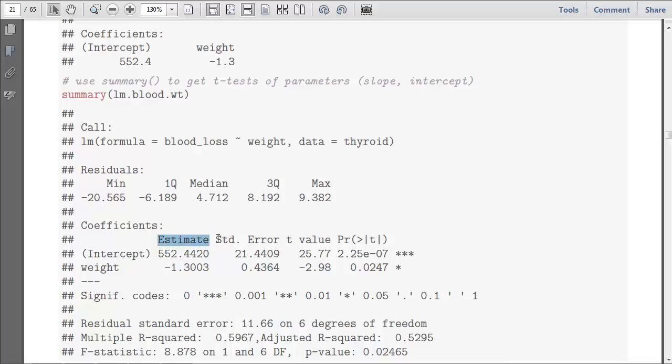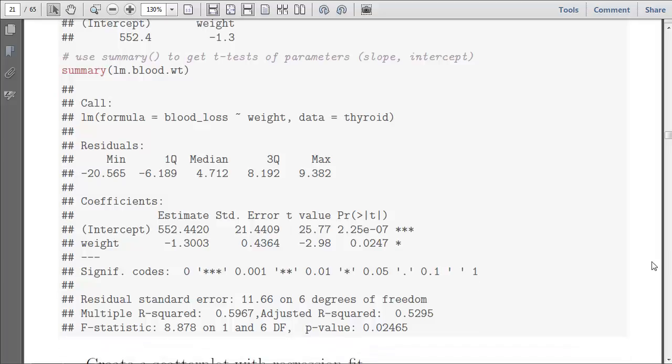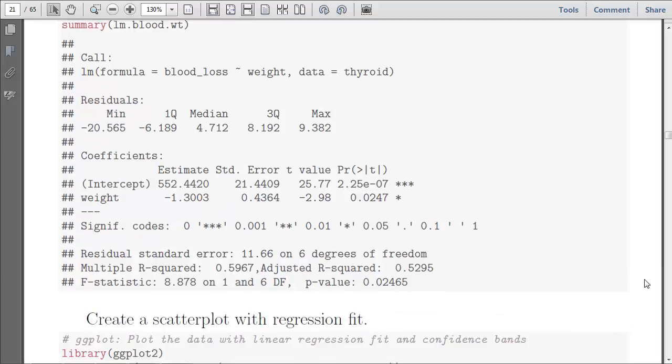And then to the right, we have other quantities for those estimates, including a t-test and a p-value for whether those values equal 0 or not. Effectively, we're most interested to know whether the slope related to weight is different from 0. So do we have a negative slope or a positive slope? And there's some other information at the bottom which we will learn about as well.